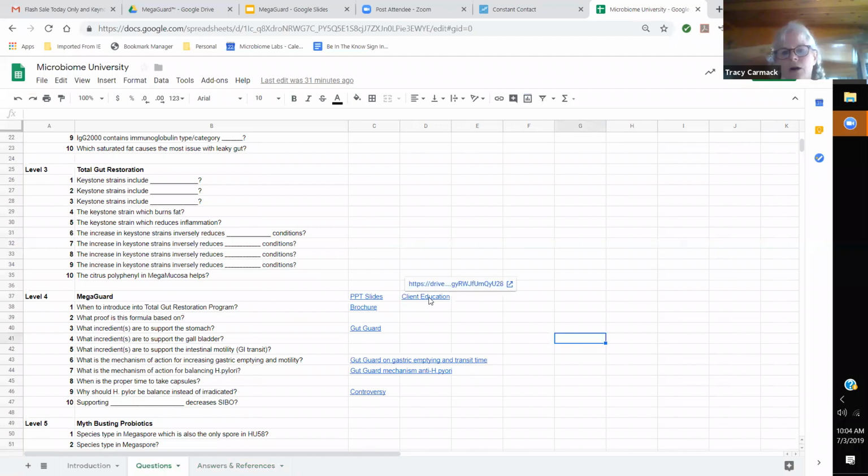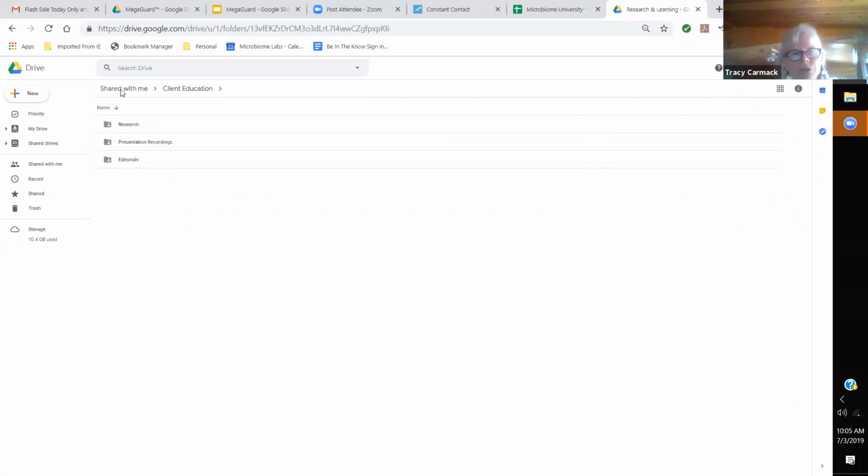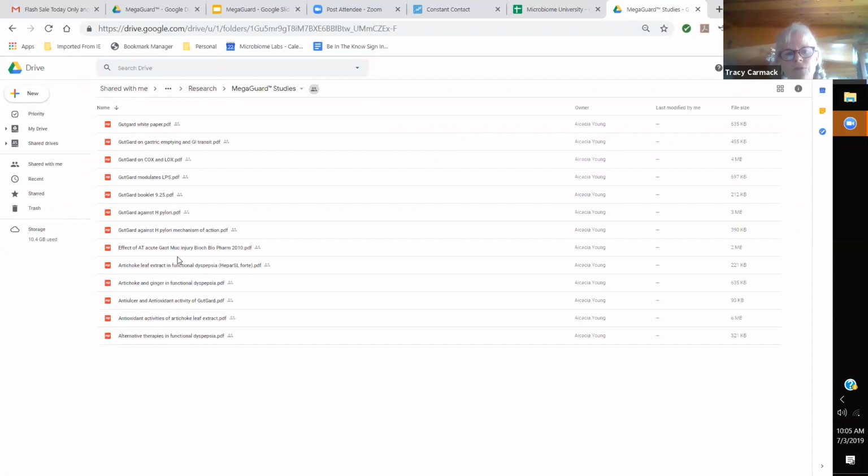So this client education is on the Microbiome University. When you click that, it opens up to all of the products. Then you're able to go into all the research or all the marketing brochures. I showed you the marketing brochure, but when you go into the research on MegaGuard, the product is here.